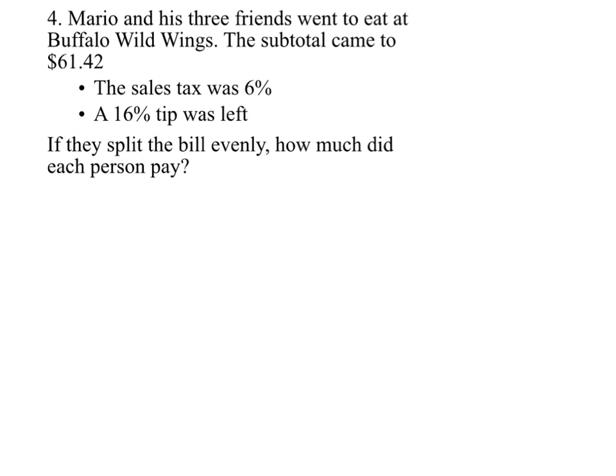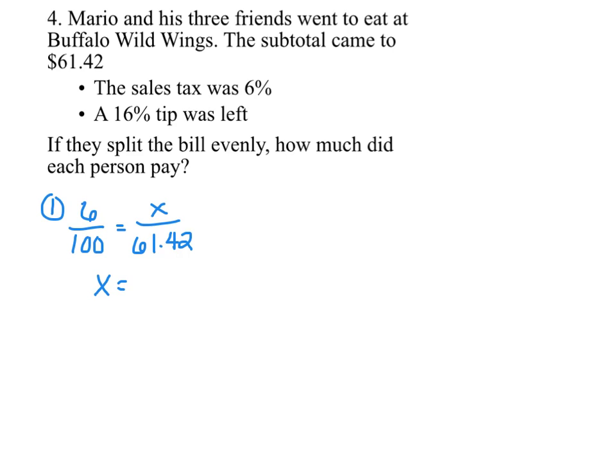This is our last problem for the day. Read number 4, solve, and then enter your answer. All right, so we are going out to eat. We have tax and tip, which means my tax needs to come first. So I'm going to do 6 over 100 equals x over my total of $61.42.